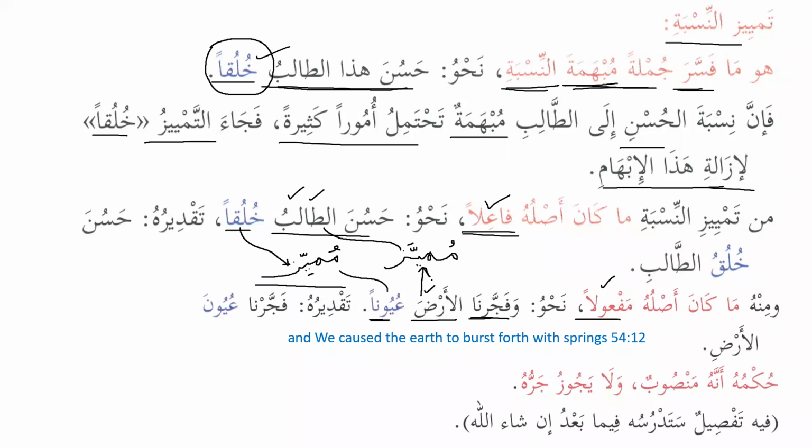What is mumayyaz? Something that is ambiguous, something that is not clear. حكمه أنه منصوب ولا يجوز جره, and as we know, tamyiz is always mansub, and it is not possible for this to be majroor. فيه تفصيل ستدرسه فيما بعد إن شاء الله, and there are more details about it which you will learn with the passage of time.